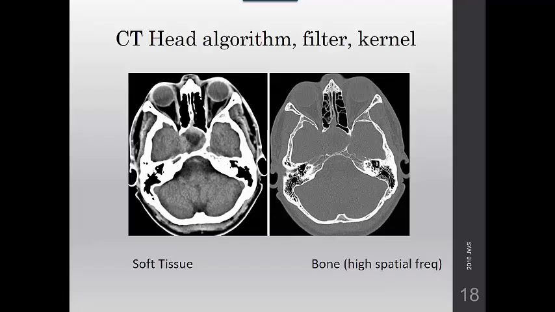And on the right you have the bone window or bone algorithm, which gives you great bone detail, but you can't see the soft tissue. Usually both of these algorithms, bone algorithm and soft tissue, are turned into the radiologist.